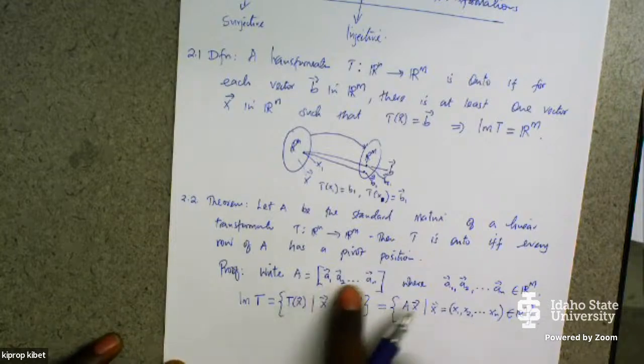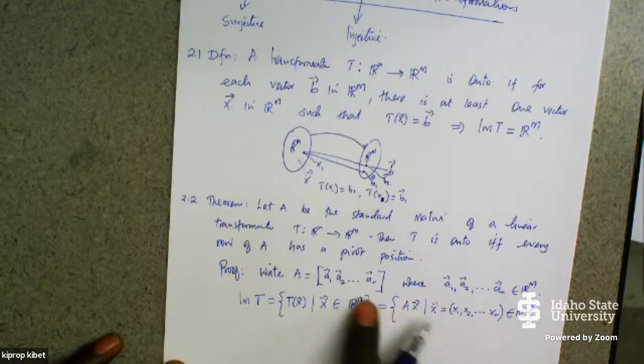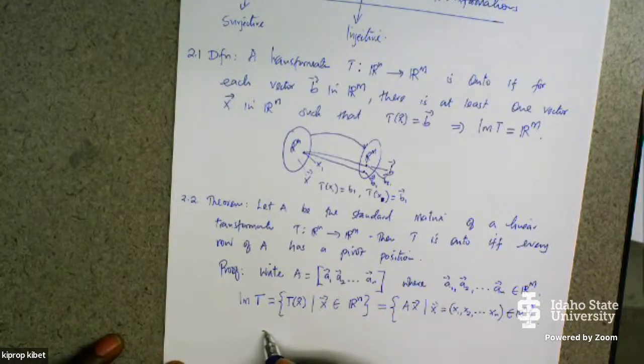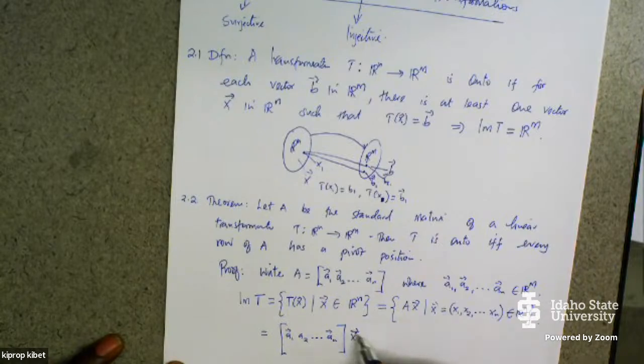And since A is this one, then this is equal to A1, A2, all the way to An, times X.